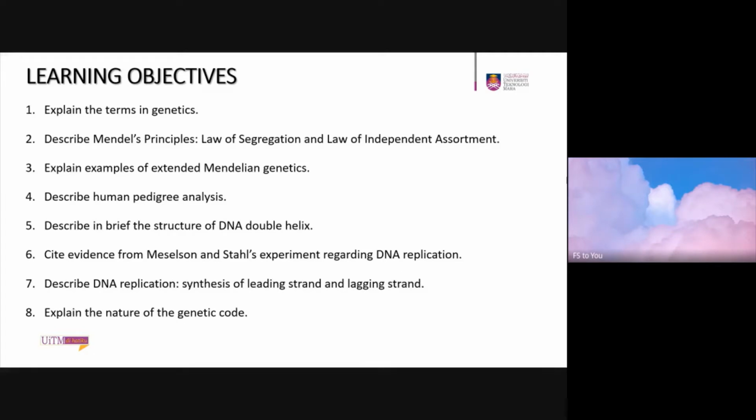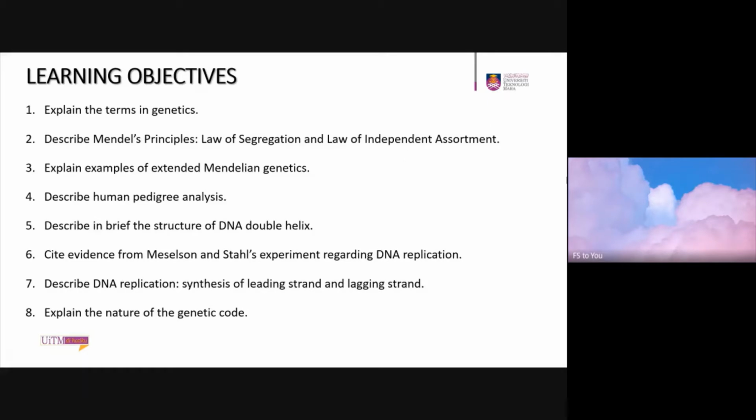Contohnya kalau dalam keadaan heterozygous, dia boleh hasilkan new phenotype that is different from the parents. Contohnya awak kacukkan bunga merah dengan bunga putih. Kalau heterozygous, dia akan hasilkan dominant phenotype, which is bunga merah. Tapi kalau dia ikut incomplete dominance, so dia akan jadi warna bunga pink. Faham? Okay. So that is extended Mendelian genetics.